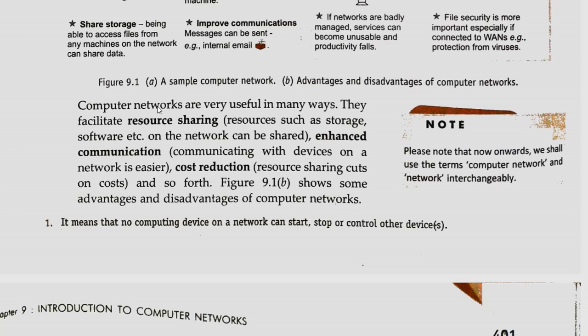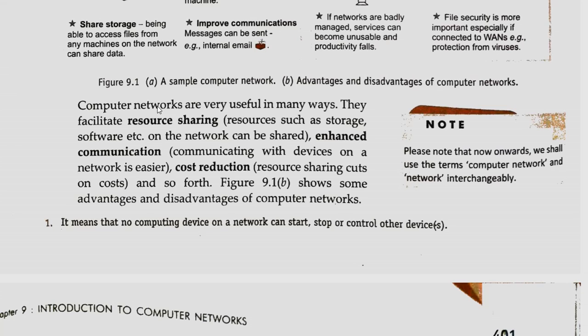If something is being used in a particular system or an organization, that means there is a set of advantages which have an upper hand over the disadvantages. That's why computer networks are being used. The main prime advantages are facilitating resource sharing, enhanced communication, and cost reduction, which have given computer networks an upper hand in this IT environment.